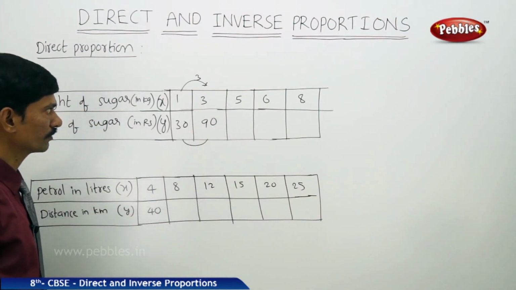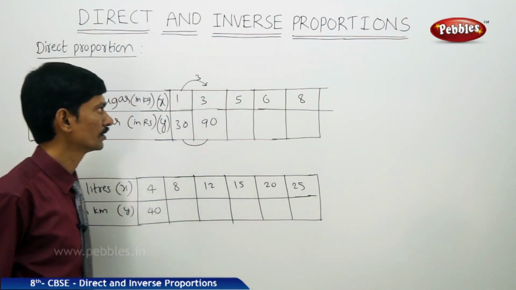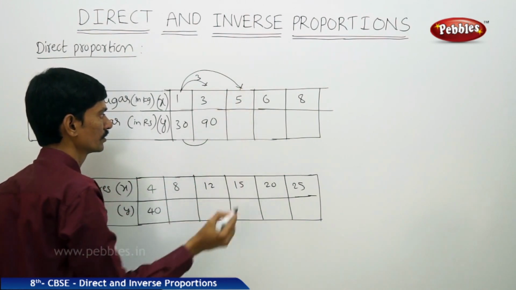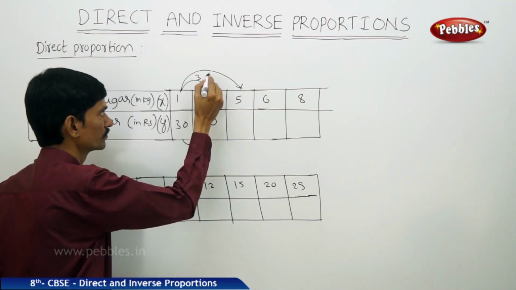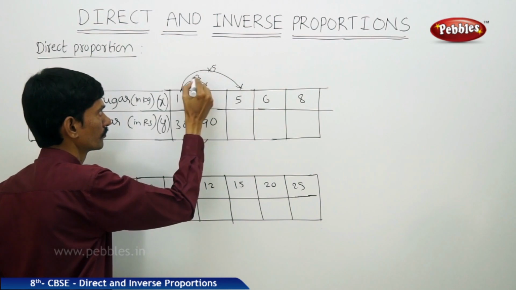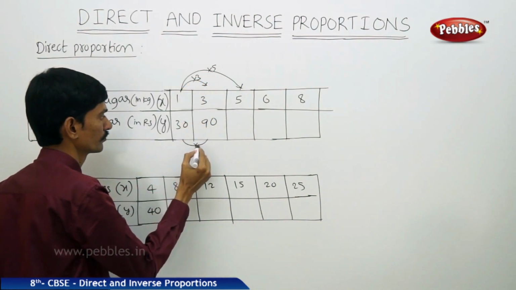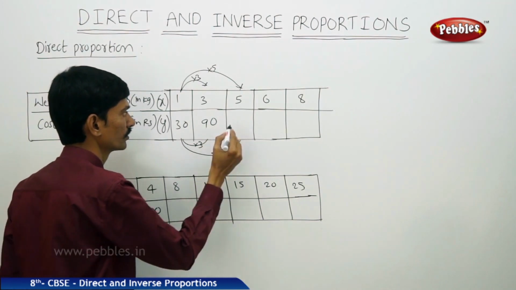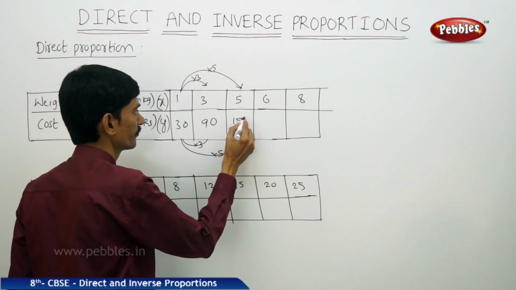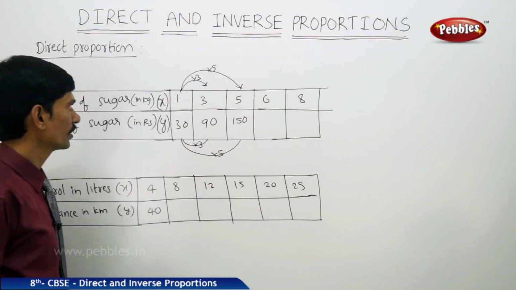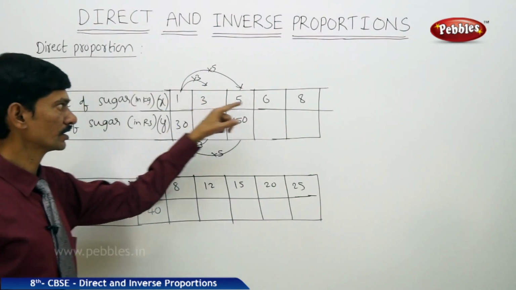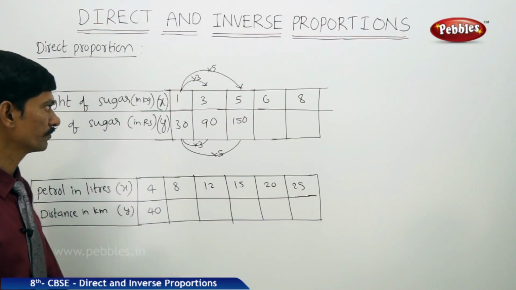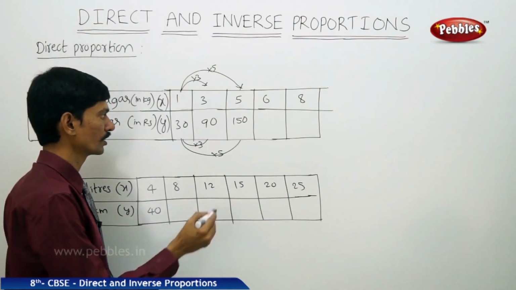Then what is the cost of 5 kilograms of sugar? See here, 1 is multiplied by 5, then we get 30 into 5, 150 rupees. If the weight of sugar is 6 kilograms, then what is the cost of 6 kilograms of sugar?